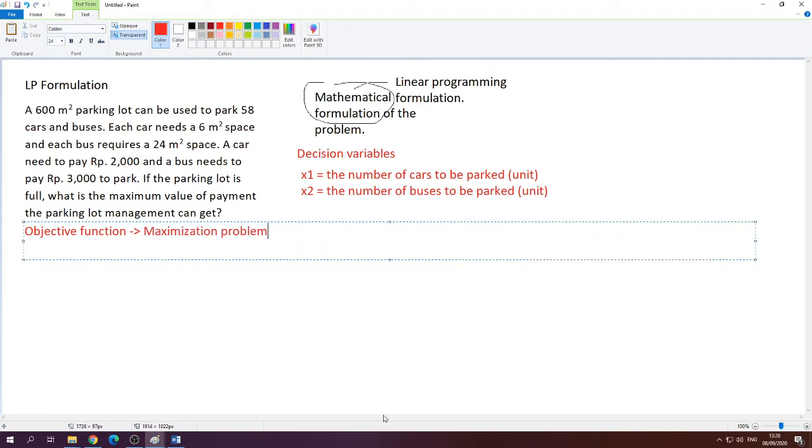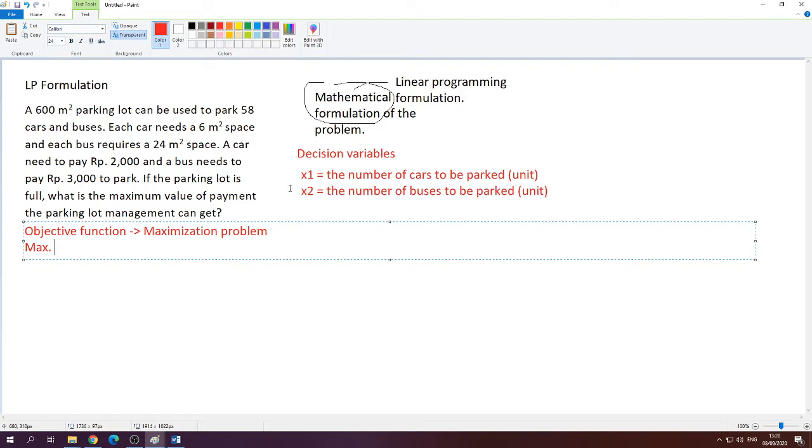Now, we know that it is a maximization problem, but we still need to make the mathematical statement of the objective function. Okay, so we are sure that it is a max problem, so put max. Now, what function do we need to maximize? See, a car needs to pay 2,000 rupiah and a bus needs to pay 3,000 rupiah to park.